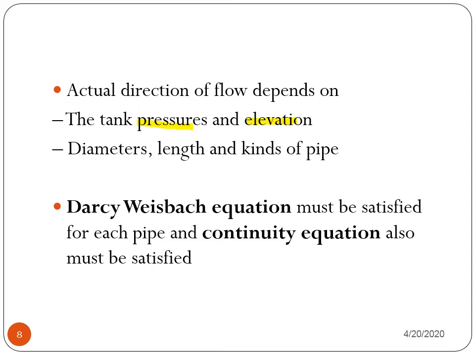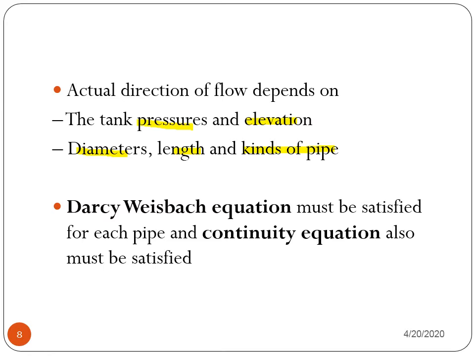The flow also depends on the diameter, length, and the material of the pipe. We will use the Darcy-Weisbach equation, f L V squared over 2gD, which must be satisfied for each pipe, and the continuity equation Q1 equals Q2 must also be satisfied.